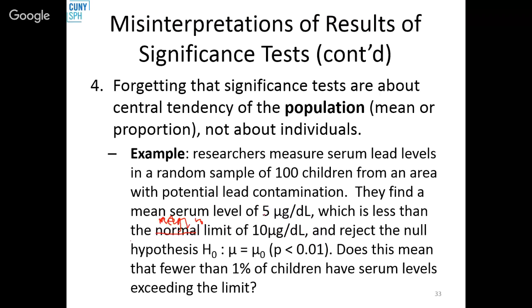Yeah, these are all true, but you're getting a little bit caught up in the computational details here. So what is the interpretation of the p-value in this case? The p-value of 0.01, where the null hypothesis is that the mean serum lead level is equal to 10 micrograms per deciliter.